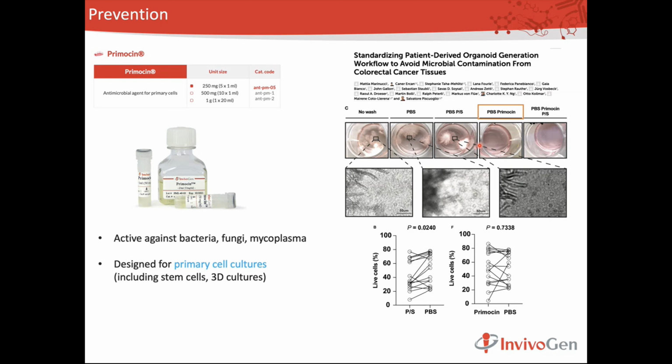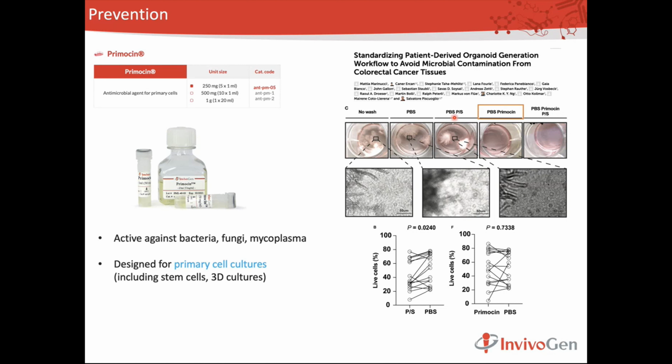Now this is with Plasmozine. After adding Plasmozine, it's pretty much clean, at least to the naked eye. It is much cleaner than, of course, no wash, and even much cleaner than pen-strep. So again, we can tell that Plasmozine is superior in protective function. If you mix Plasmozine and pen-strep, they are compatible and they keep the cell culture clean.